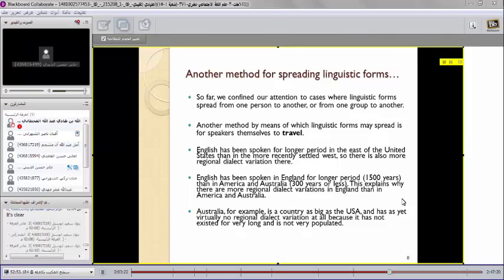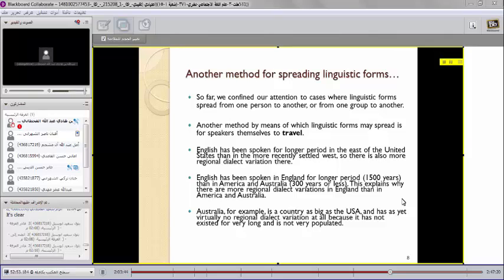The second one: English has been spoken in England for longer periods, approximately 1,500 years, than in America and Australia, 300 years or less. This explains why there are more regional variations in England than in America and Australia.